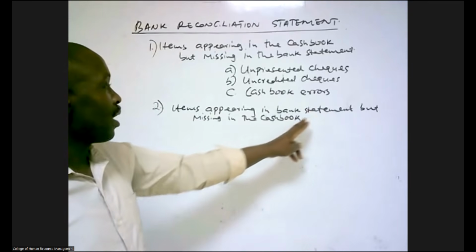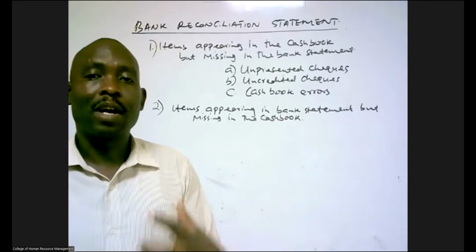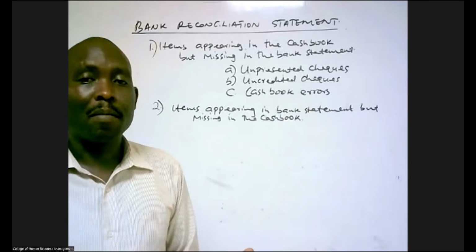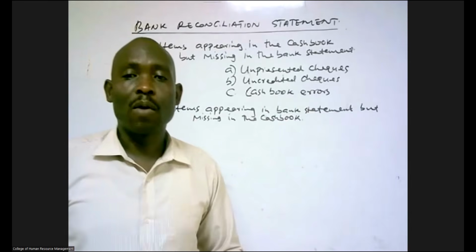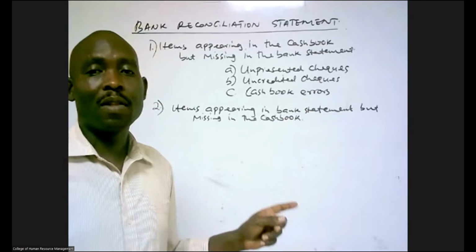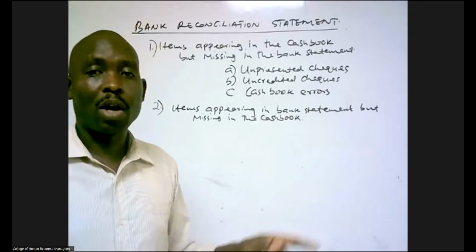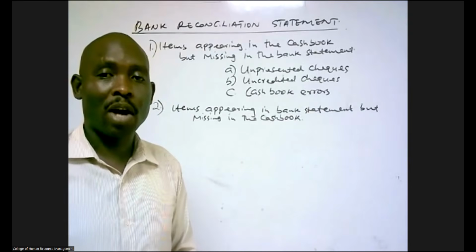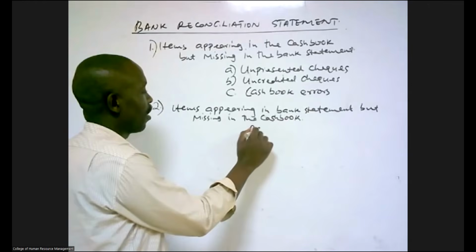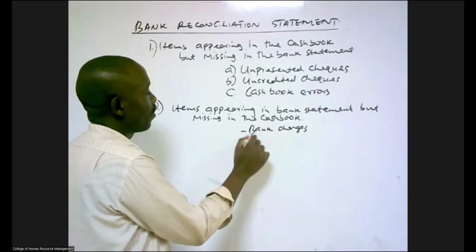So these items that are in the bank statement that are missing in the cash book are those items that the accountant in the business might not be aware of that they occurred in the bank. Because the accountant is not aware that those items occurred in the bank, therefore they will be missing in the cash book, because the cash book is maintained by that accountant who was not aware that these items occurred in the bank. So they include items like the bank charges, standing order.